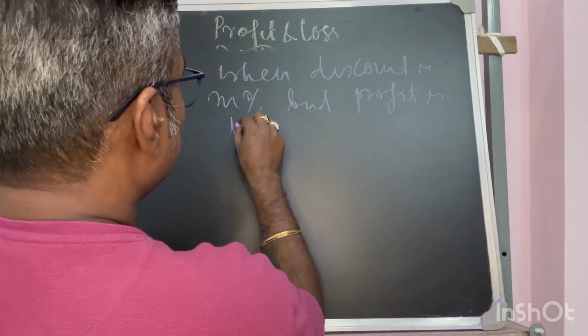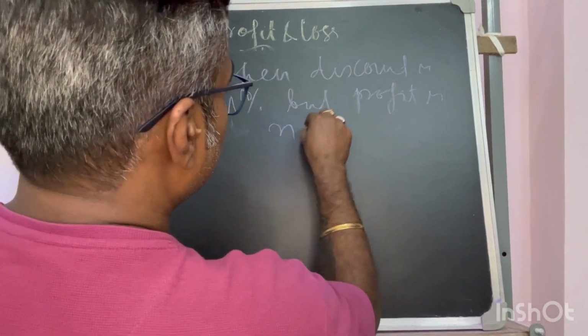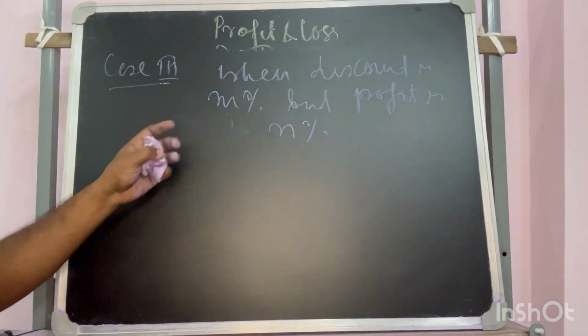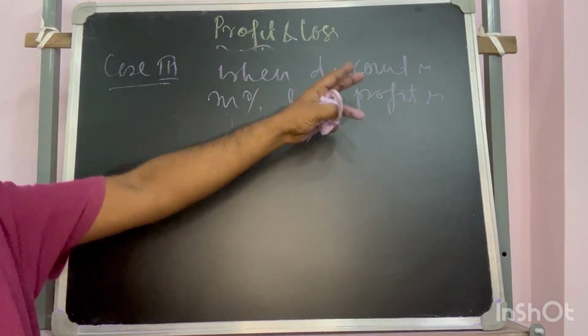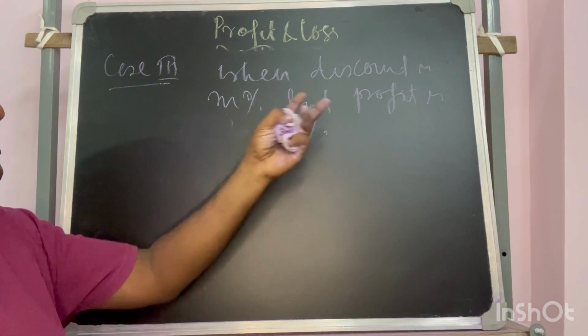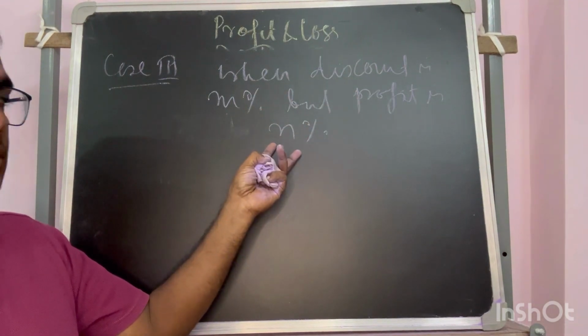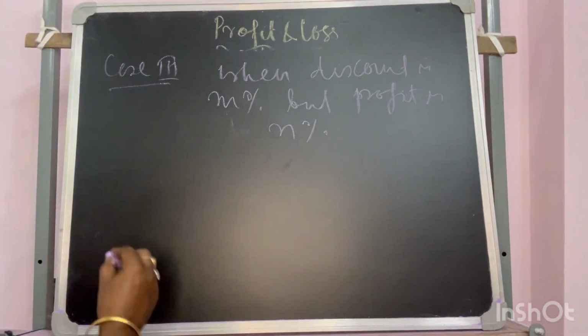That means the seller who is giving a discount of M% is getting a profit of N%. So how will it work?